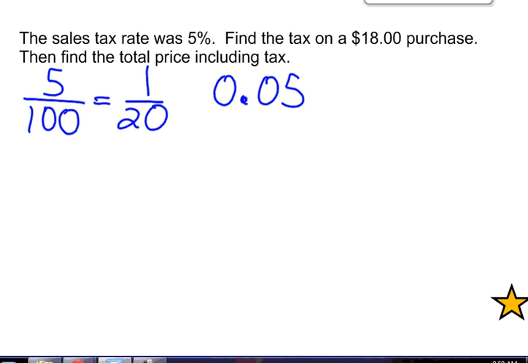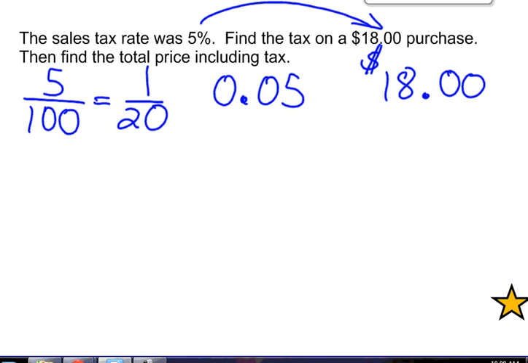And so either method is going to help me figure out what 5% of 18 is, right? We've got to find this of this when it comes to tax on an item. Okay? I'm going to use the decimal for this example, right? And I'll throw all my figures in here just so we can see everything.